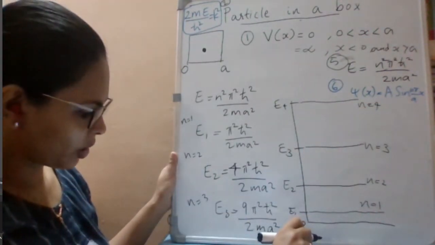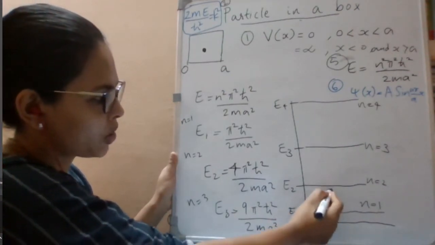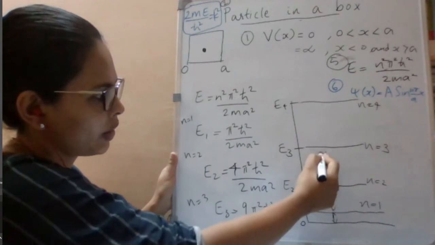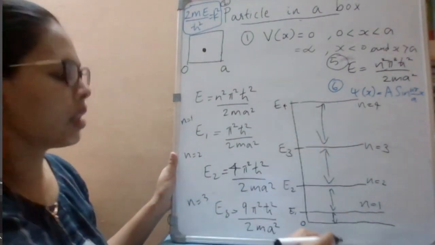So what you observe is the gap between various energy levels increases as n increases.